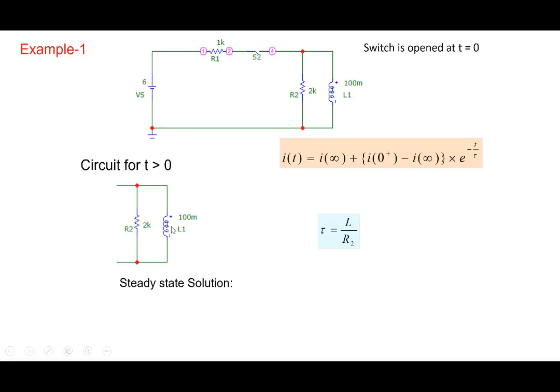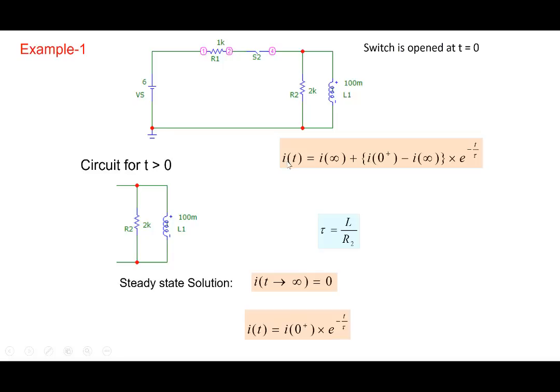In steady state, the inductor acts like a short, and you have a 2K resistor, so obviously the current is 0. There is no power source. Even if there was some energy stored in the inductor, all that energy gets dissipated through the resistor. If you wait long enough, there is no current in the inductor, so I as t goes to infinity is 0.